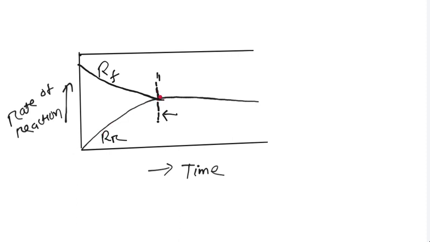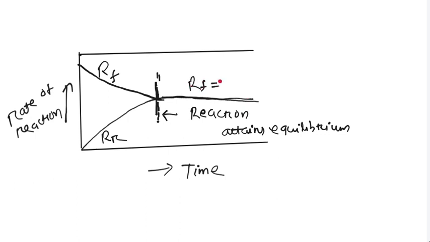Then the rates will meet at one point where they attain chemical equilibrium. So at this line, you can say the reaction attains equilibrium, and on this line, R forward equals R reverse.